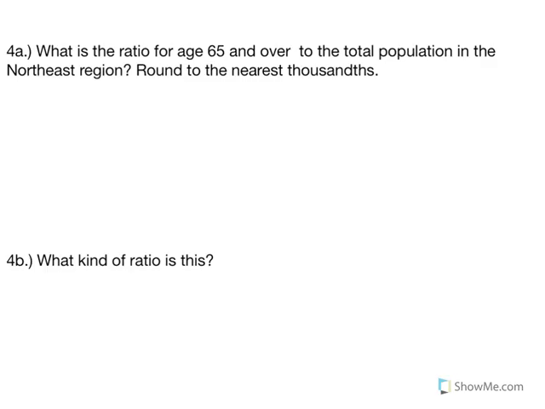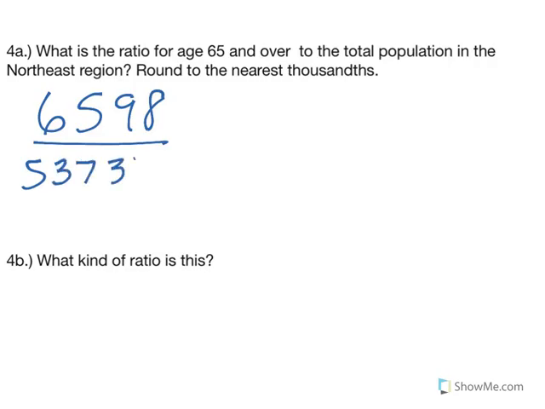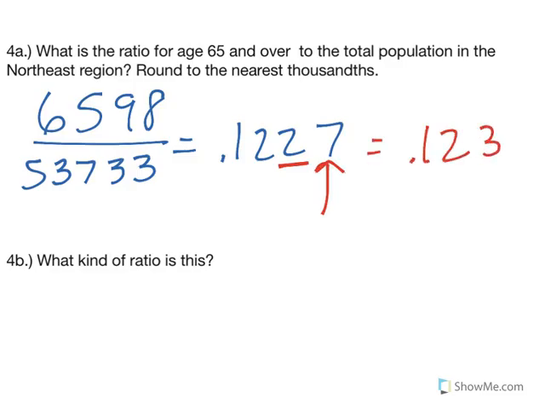Let's do this again with the oldies, as I like to call them, 65 and over. So we found early on that we had 6,598 oldies out of the 53,733 total, which leads us to a decimal of 0.1227. Again, here's my thousandths place. I look one past, 7 rounds up, so rounded to the nearest thousandth is 0.123.